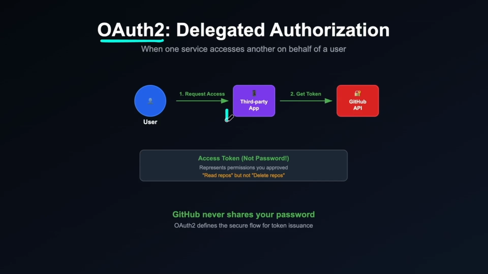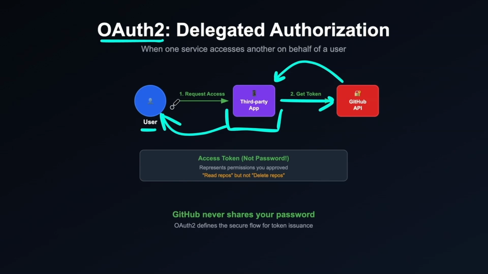For example, if you want to let a third-party app read your GitHub repositories, let's say you're deploying your app to Vercel, so you need to give Vercel control over your repository on GitHub. Instead of giving your username and password to the third-party application, which won't be secure at all because you don't know what they can do with your username and password, this way you are giving them full control. Instead, GitHub gives them the token that represents the permissions which you approved.